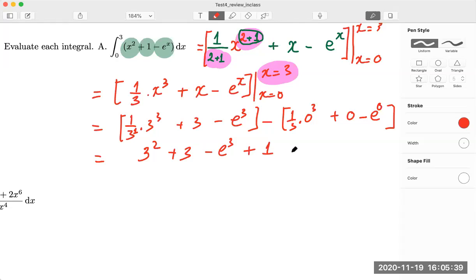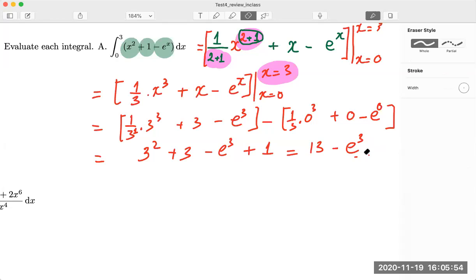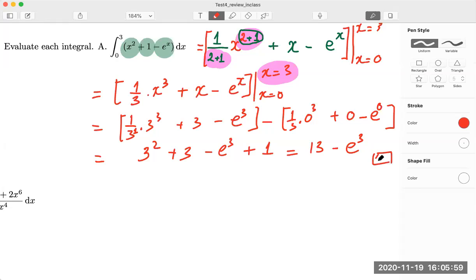Good job. So we sum them up. This is 9 plus 3 will be 12, plus 1 it will be 13 minus e cubed, right? That's it. So the definite integral gives us a number here.